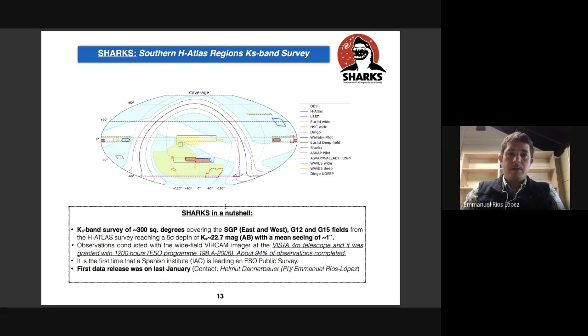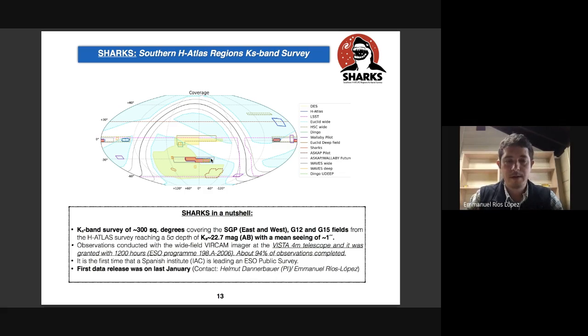Finally, I would like to mention very quickly that right now I'm working on the CHARC project. CHARC stands for the Southern Asia region of the K-band survey. This is a survey performed with the VISTA telescope, and it covers 300 square degrees. This is the coverage, the red squares. The survey is in the K-band, and we made data release 1 last January.